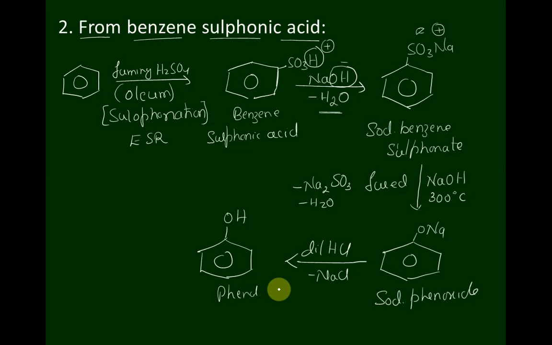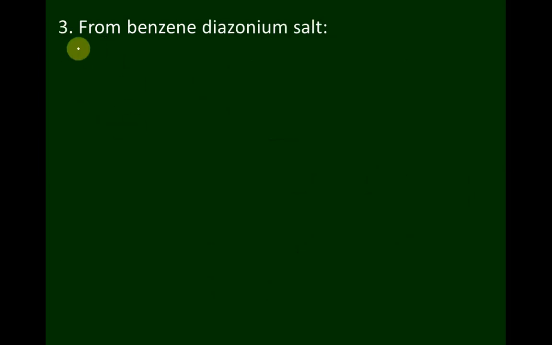Please note it down. Next, preparation of phenol from benzene diazonium salt. First we will prepare the diazonium salt. Then we will see how phenol is prepared by using benzene diazonium salt. The major reactant in the preparation of diazonium salt is aniline.